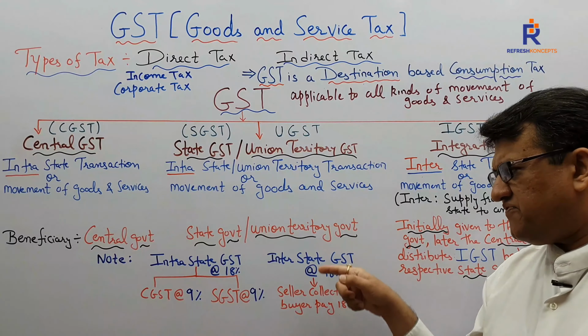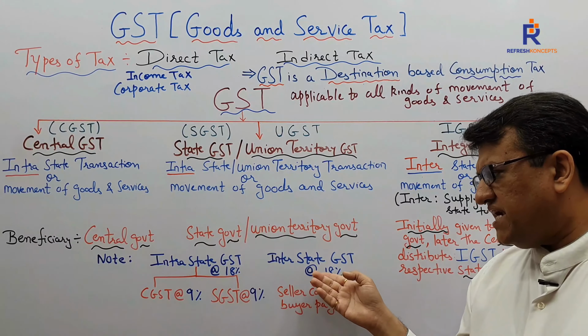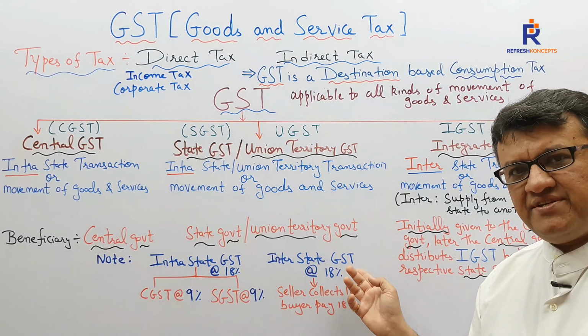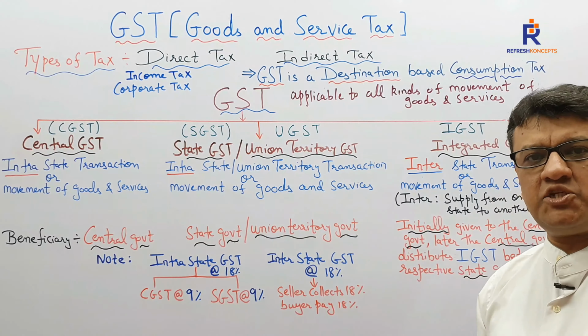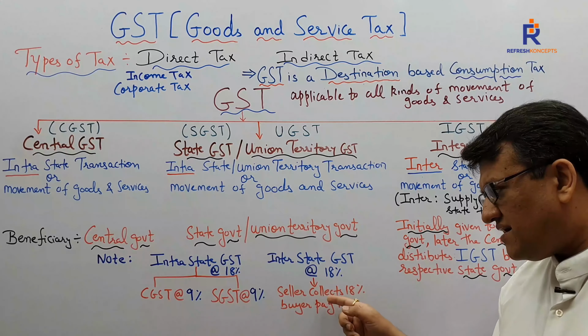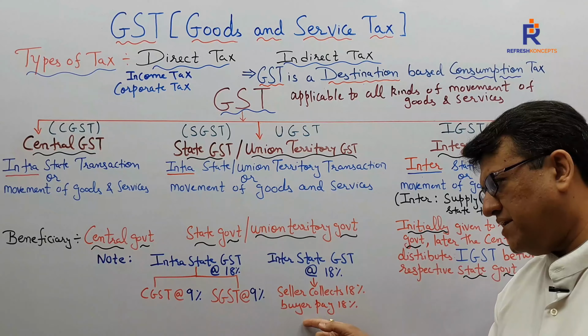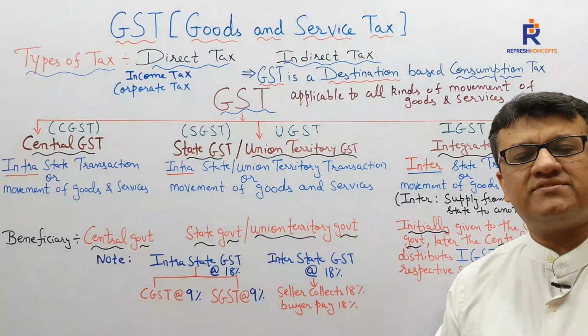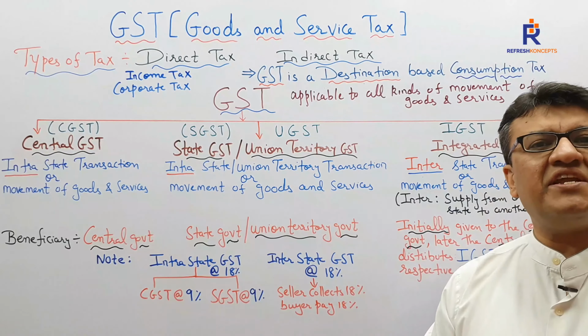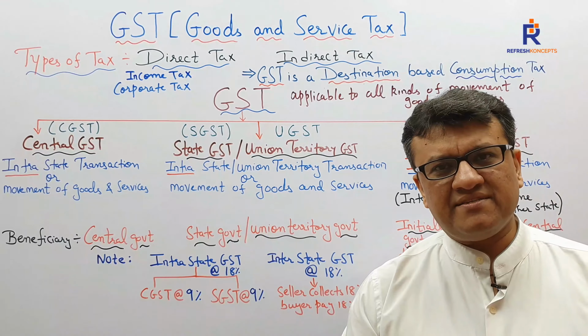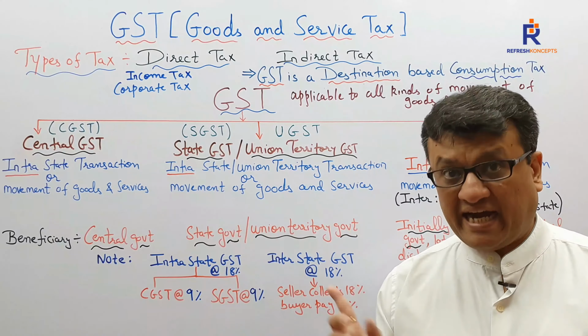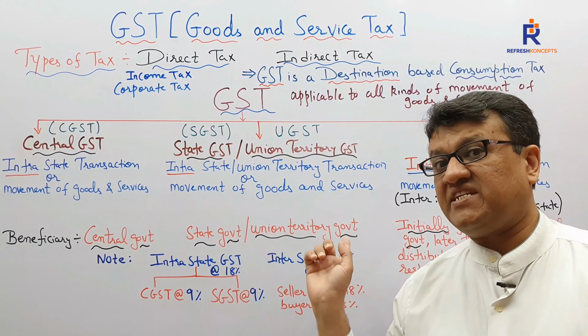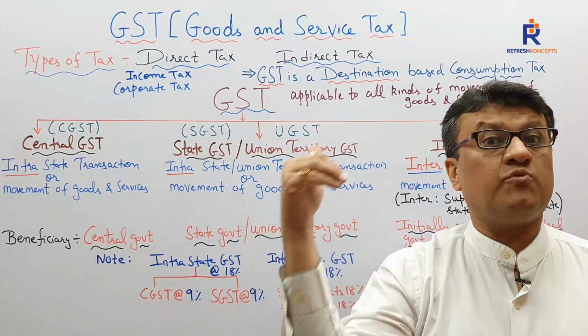Interstate GST, on the same lines, if the rate of GST is 18%, then there is no bifurcation as such. Seller collects 18%, buyer pays 18%. Again, if I have to give an example, 100 rupees is the sale price, 18% is the IGST, since the movement of goods and services has taken place from one state to another state.